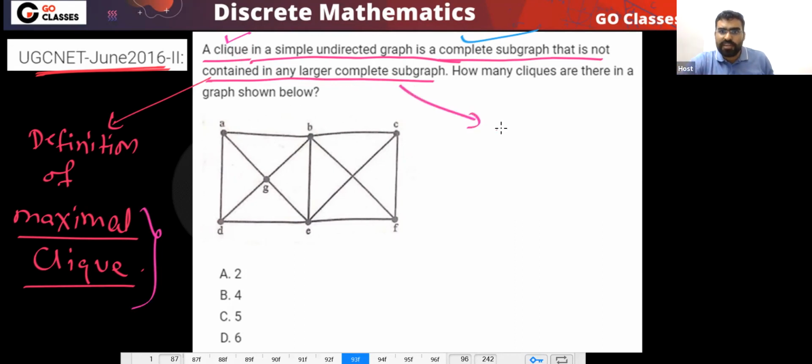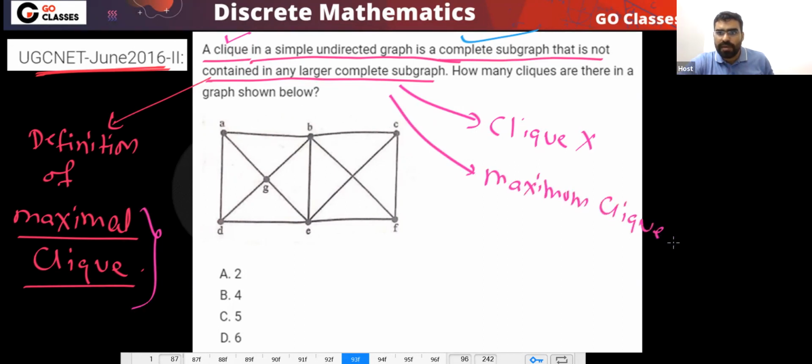So this is not the definition of a clique, and not of a maximum clique. This is the definition of a maximal clique.